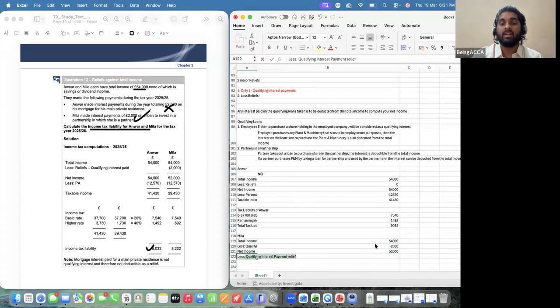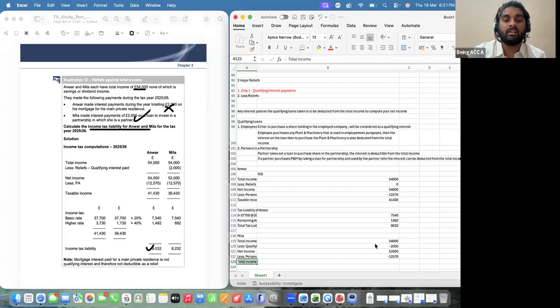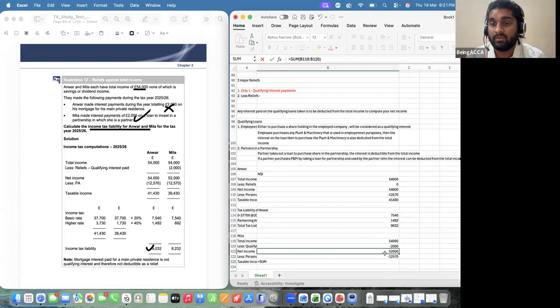From that, we will deduct the personal allowance. As the adjusted net income is less than 100,000, we do not need to calculate changes in the personal allowance. So it will directly be minus 12,570, giving us our taxable income as the sum of these both.